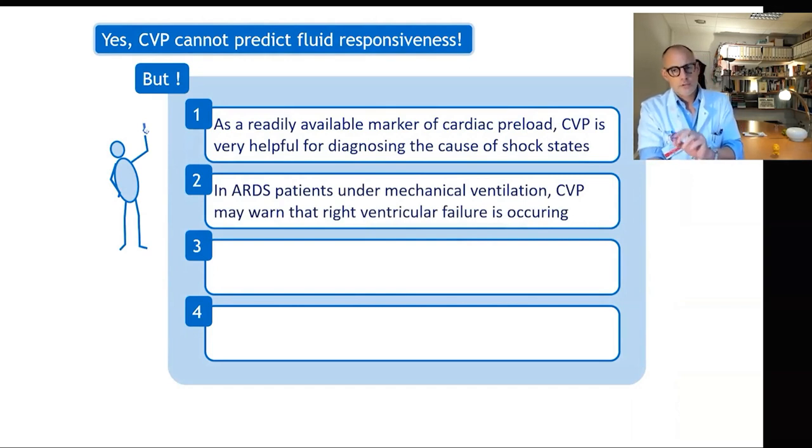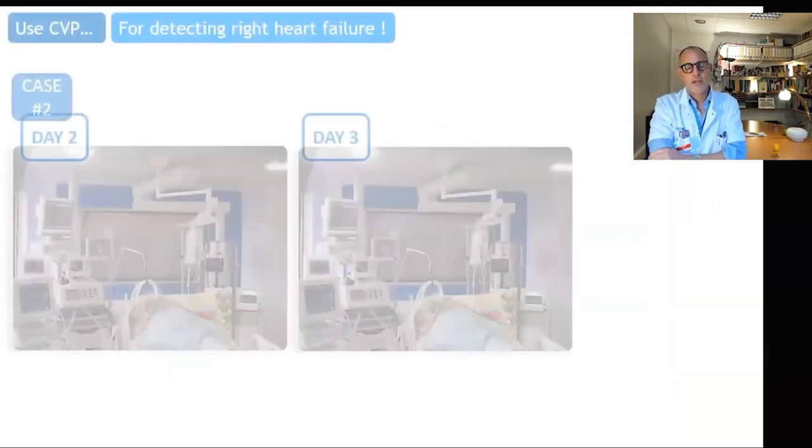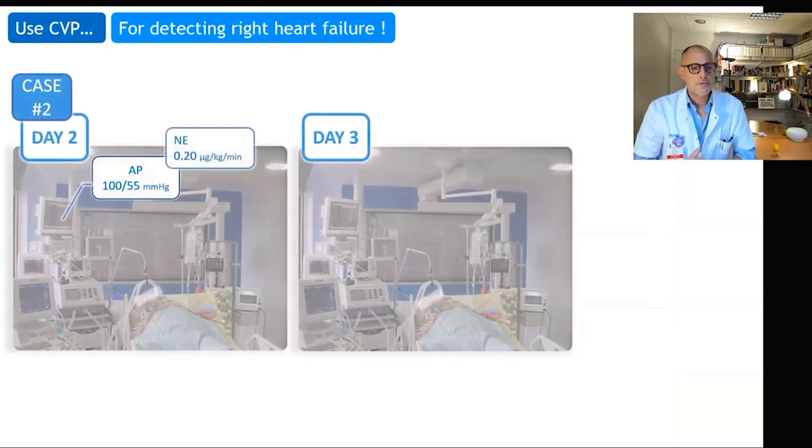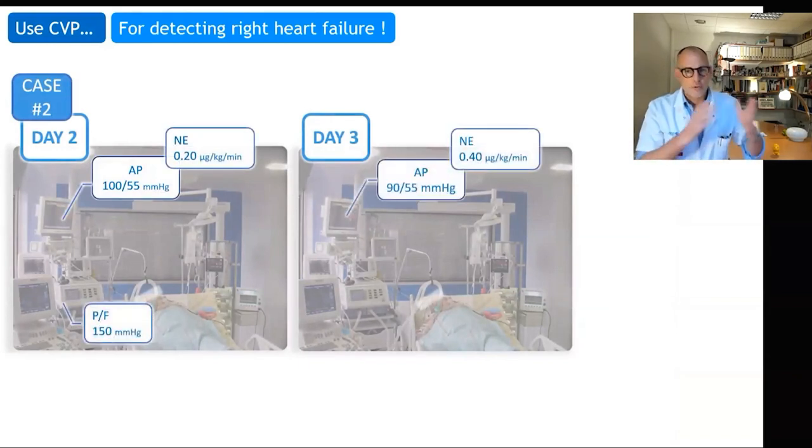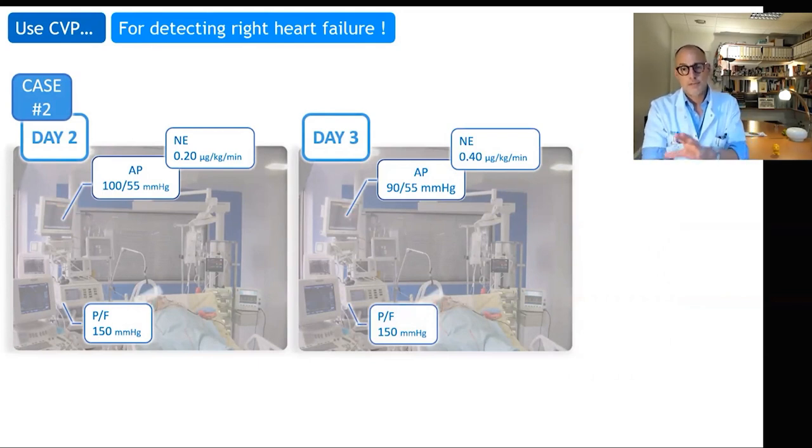Another way to use that is to remember that CVP is a good marker of the right cardiac preload, and it might be very useful in patients with ARDS and mechanical ventilation to detect right ventricular failure. Let's take another example of a patient, for instance, on Sunday with restored blood pressure and a low PF ratio and ARDS and mechanical ventilation.